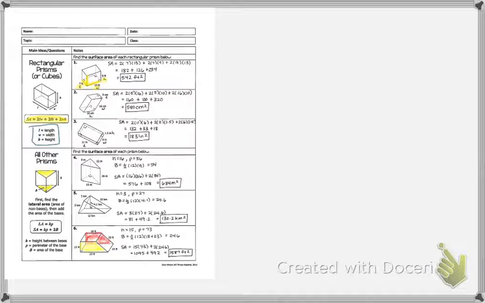So you have your equation of 2 times the length and the width, plus 2 times the length and the height, plus 2 times the height and the width.